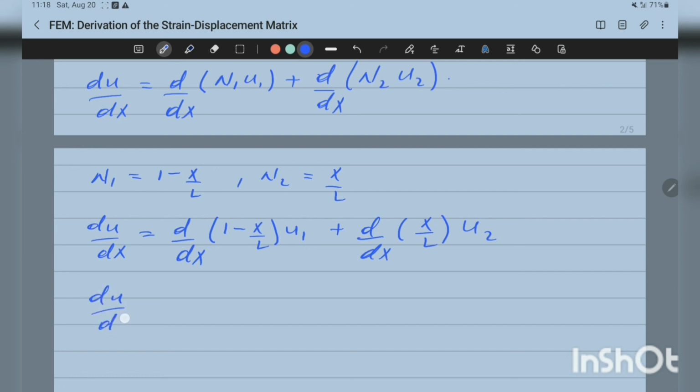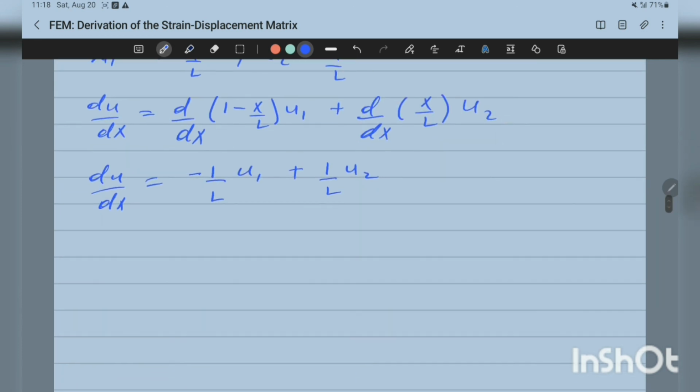So du dx equals negative 1 over L u1 plus 1 over L u2. Therefore the strain is given by negative 1 over L u1 plus 1 over L u2.